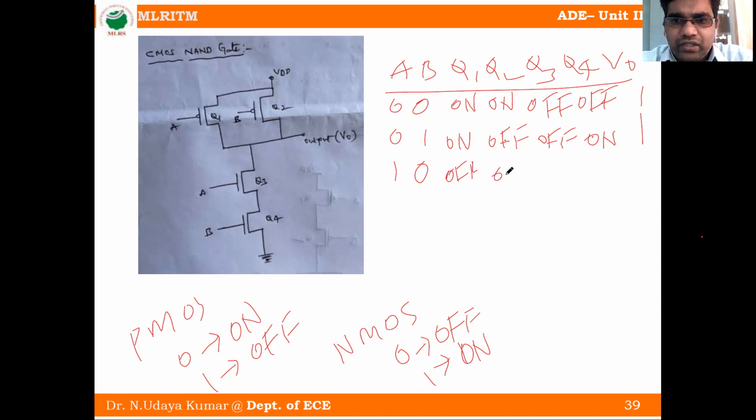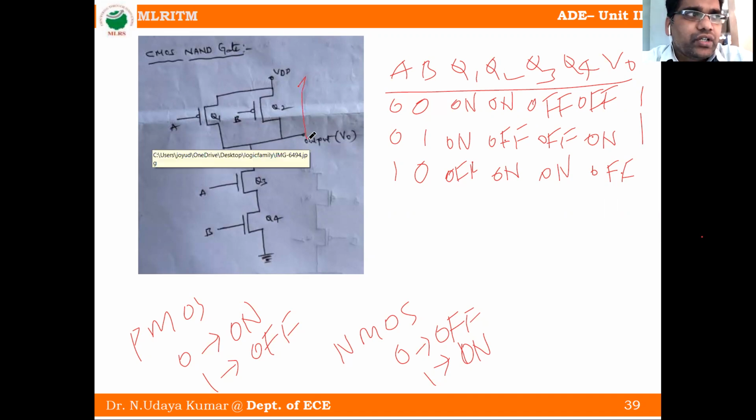So two transistors are on and two are off. Q2 is on means short circuit from VDD.